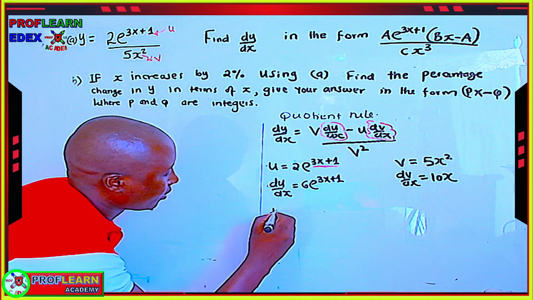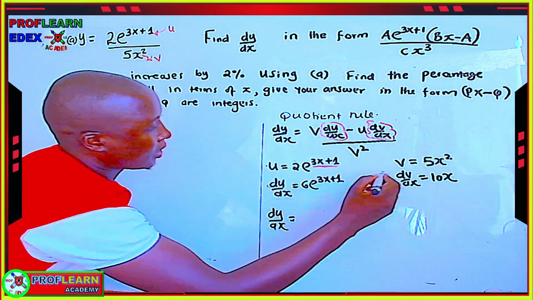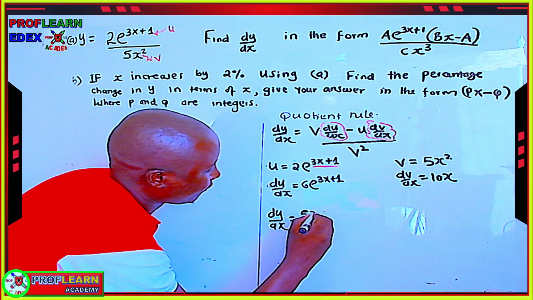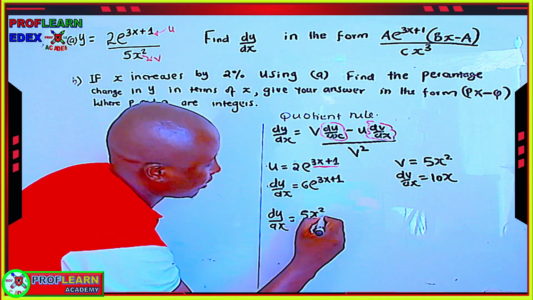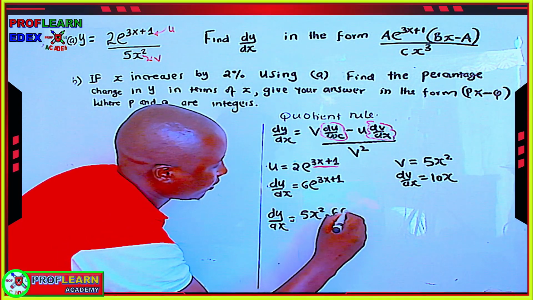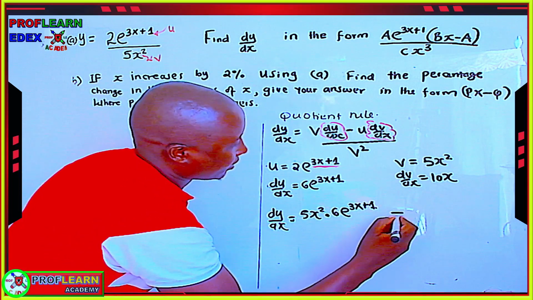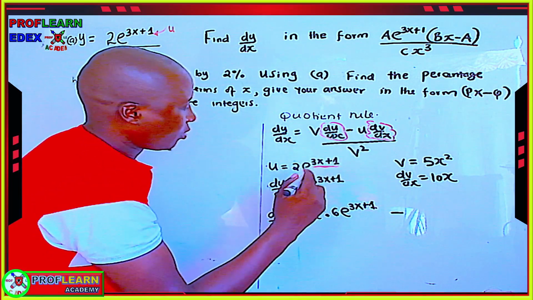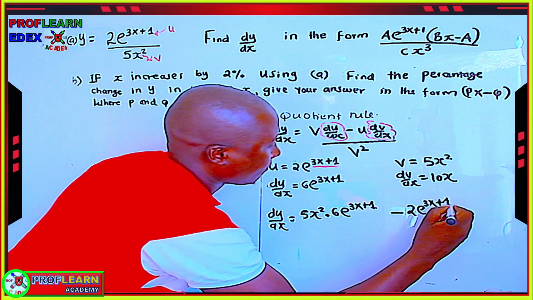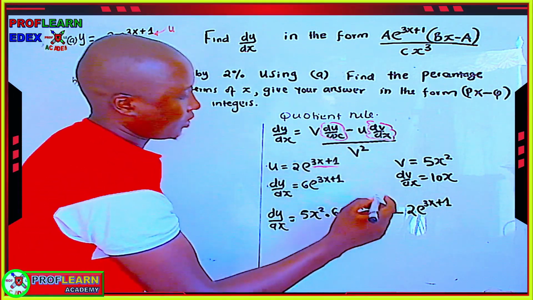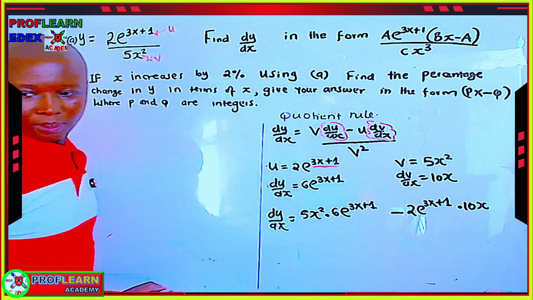So the next thing we're going to do is substitute into the formula. dy/dx is going to be v, but our v is 5x squared, times du/dx, which is 6e^(3x+1), minus our u, which is 2e^(3x+1), times dv/dx, which is 10x.